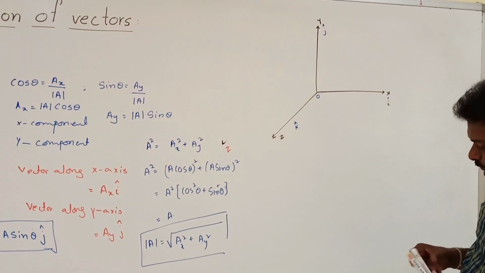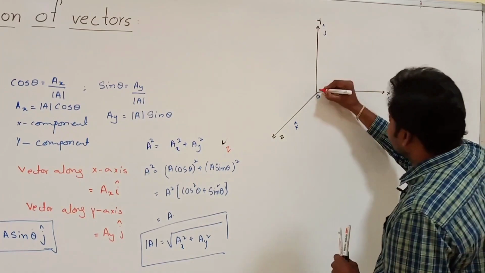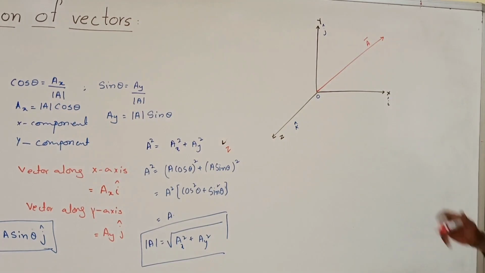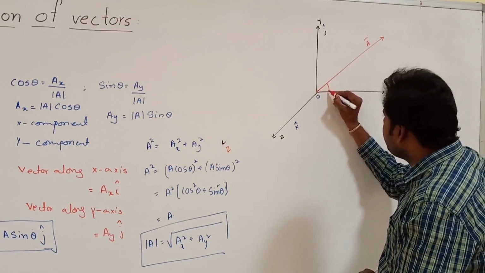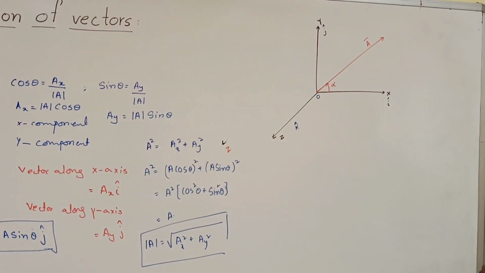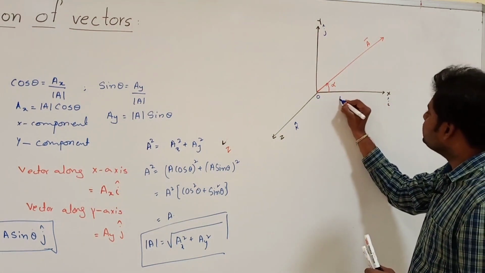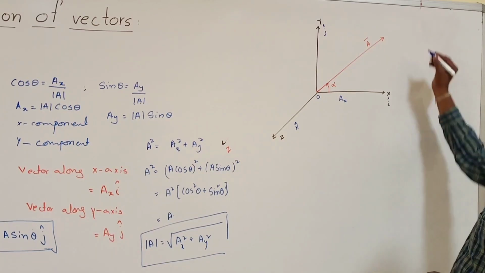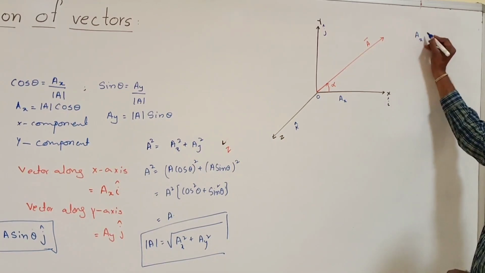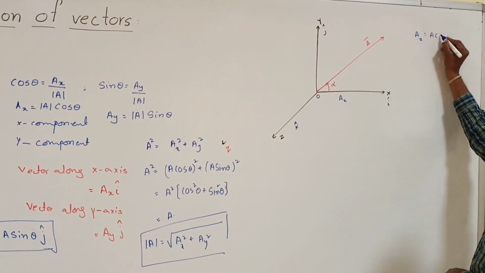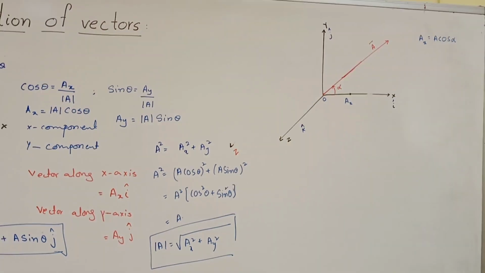Let's say a simple vector A making angle alpha with the x-axis. This is called the x component. I would write the x component AX, which is the adjacent component, as A cos alpha.